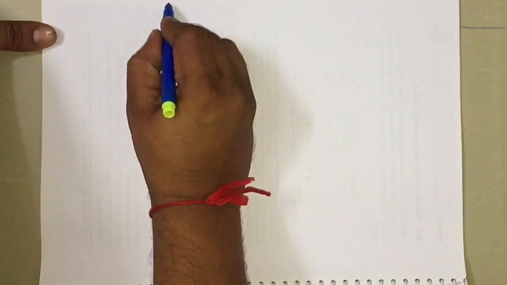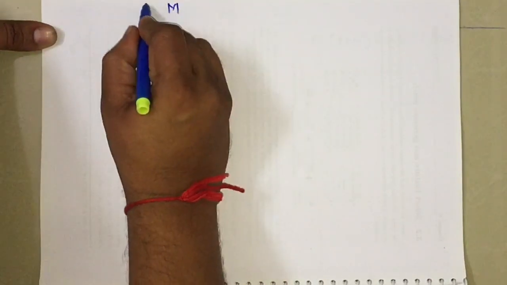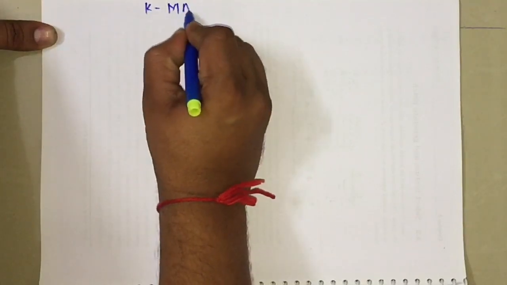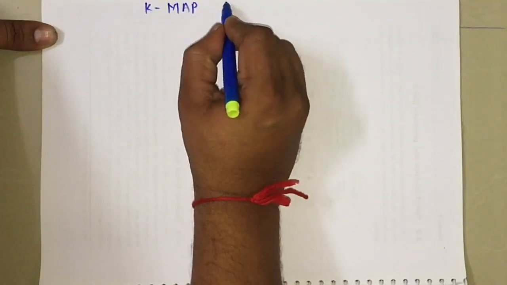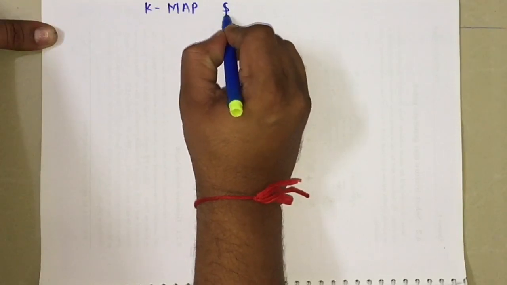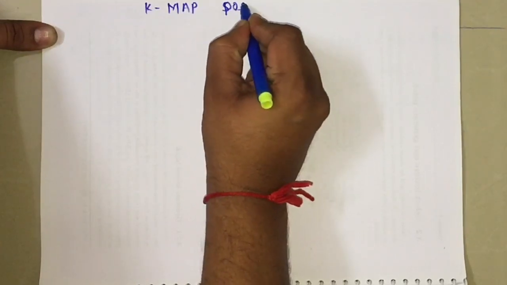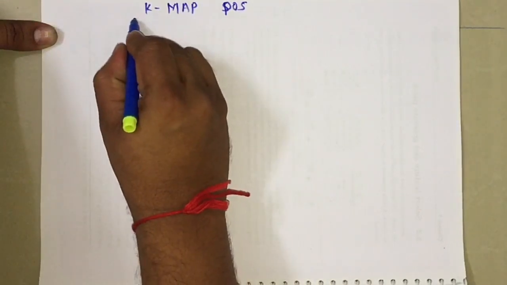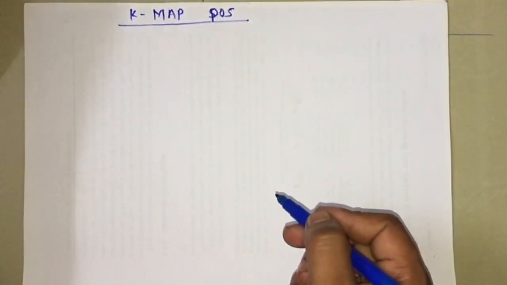So today we will see the K-map for POS type equations. Okay, so up till now we have seen the K-map that is used for the sum of product type of equation.